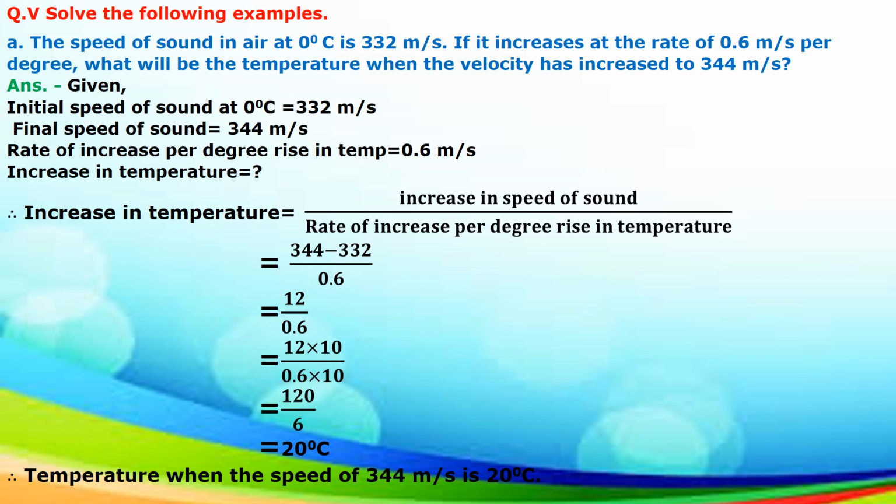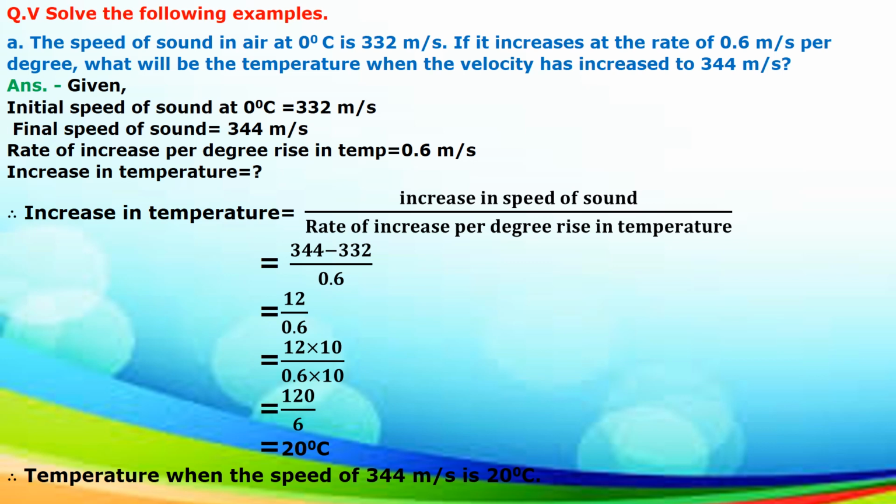Increase in temperature that we have to calculate. So we will write formula for increase in temperature. Increase in temperature is equal to increase in speed of sound upon rate of increase per degree rise in temperature.